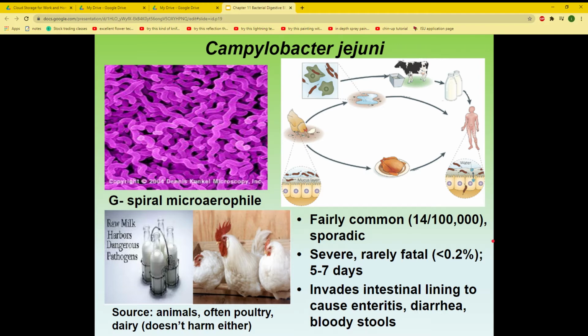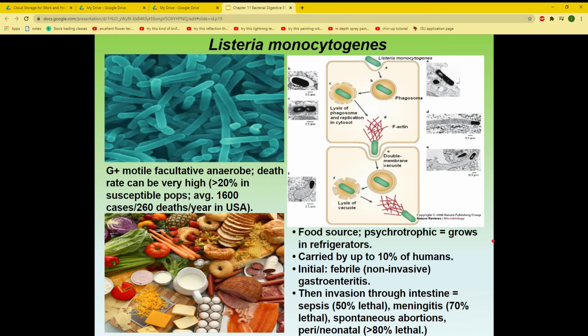It can end up also in dairy, primarily because of the infections that are occurring and passing it around. It's not really doing anything to the animals, but it can have some fairly significant effects on humans. It's rarely fatal though, so there you go.